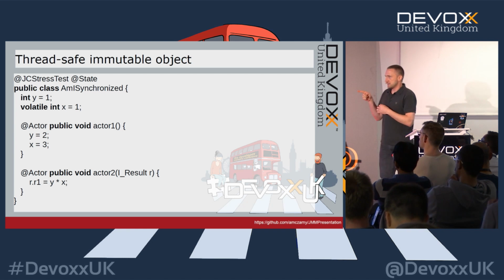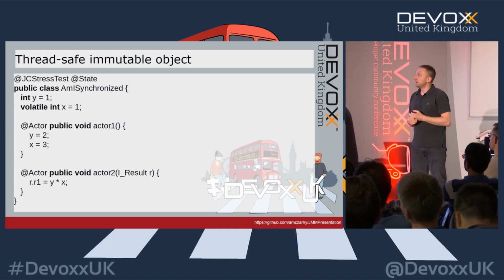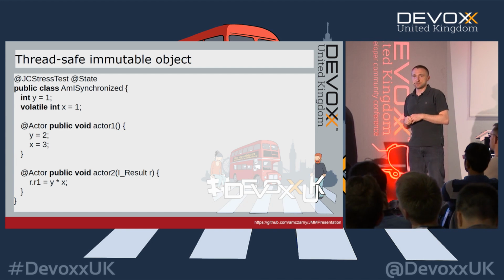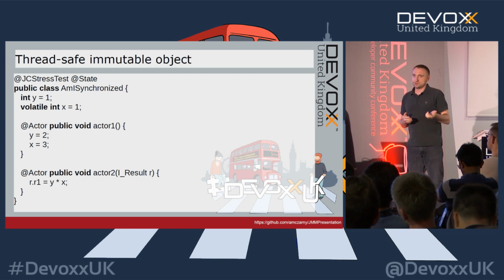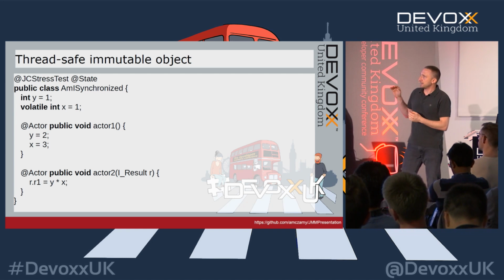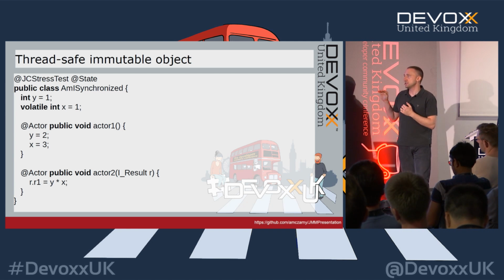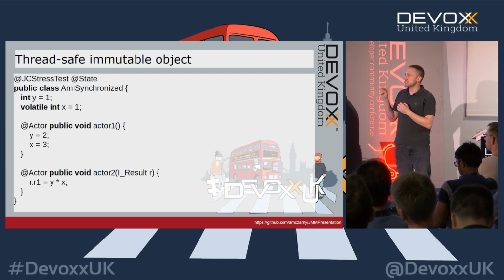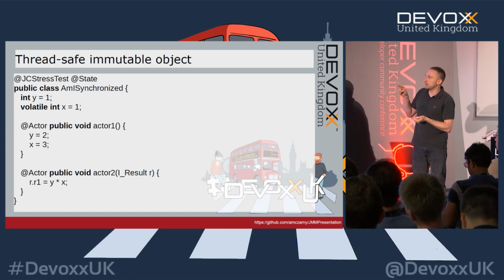Well, if actor 2 is executed first, we have just 1, which is fine. If actor 1 is executed first, then we have 2 and 3, which is 6, which is also fine. If actor 1 is executed, and then in the meantime actor 2 is executed, so we will just write 2 to y. We will not have enough time to write 3 to x.